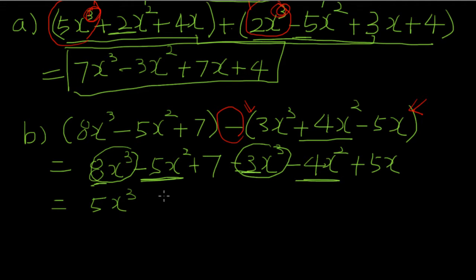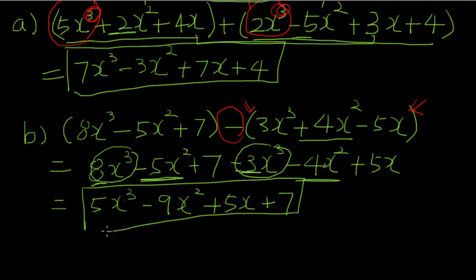Combine negative 5 and negative 4, negative 9x squared. Now we could have written plus 7 here, but it's usually the case they write it in nice descending order. So we have x to the third, x squared, then the x term, which is just 5x, and then plus 7, like that. So that's polynomial subtraction.